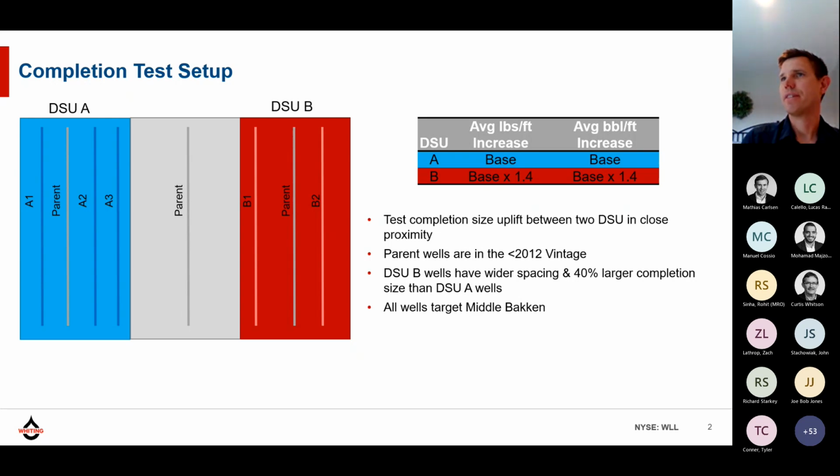So 2 DSUs fairly close together, and we think the geology is fairly similar. And then a set of wells got 40% larger completions. Each well averaged the same, so it's not like an average of these, they're all 1.4 times, and these are all base. We tried to get the same completion on each of the DSU-A wells and the same completion on the DSU-B wells. There's no averaging going on between those, if that makes sense.